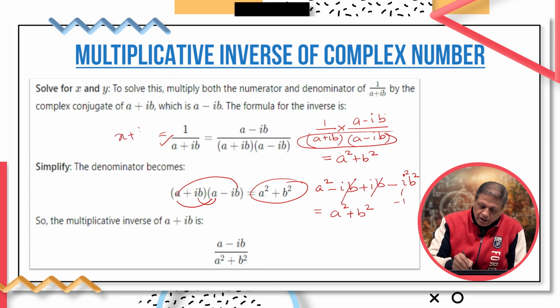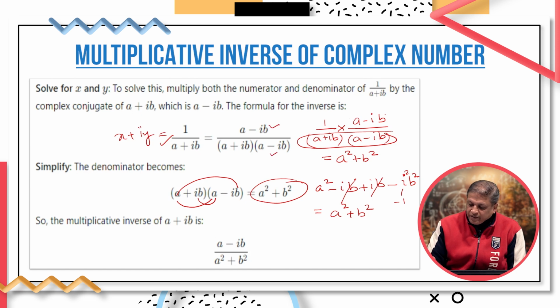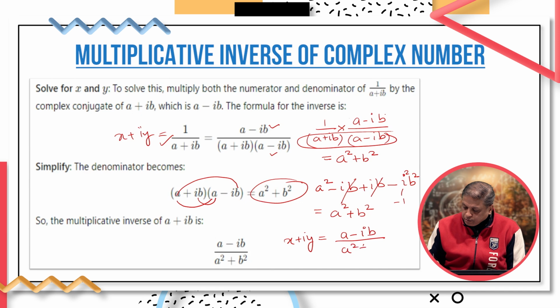So that is how this x plus iy, which is equal to 1 over a plus ib, multiplying and dividing it with its conjugate and solving, you get the expression x plus iy is equal to a minus ib upon a square plus b square.